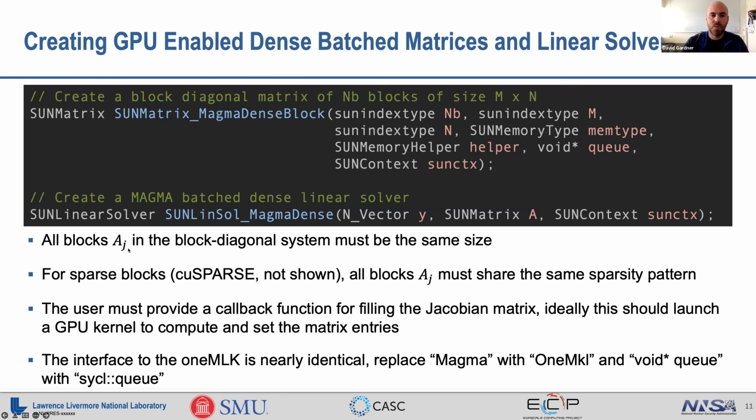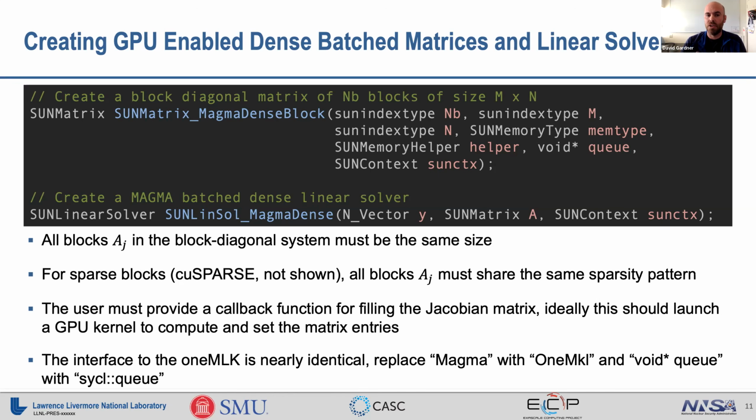In this block diagonal case, all of the blocks need to be the same size. We don't support separate block sizes right now. In the sparse case, all of those blocks need to have the same sparsity pattern. And also when you're using one of these batch dense solvers, you'll need to supply from the user side of things a Jacobian function to be able to fill in the Jacobian matrix.